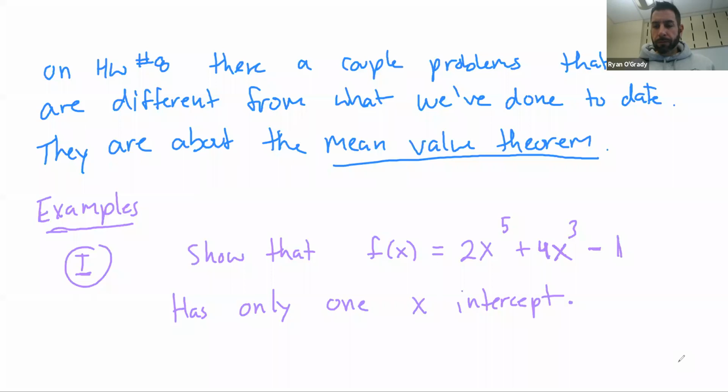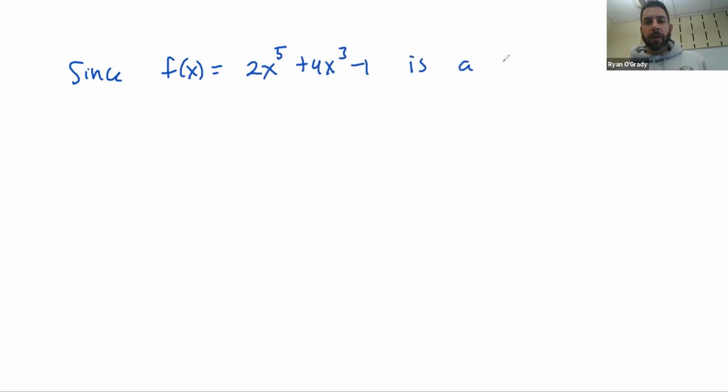So here's how this argument goes if you want to write it out thoroughly. I already forget what the function was. What was it? 2 and 4. So since f of x, which is 2x to the fifth plus 4x cubed minus 1, is a polynomial, it is continuous.